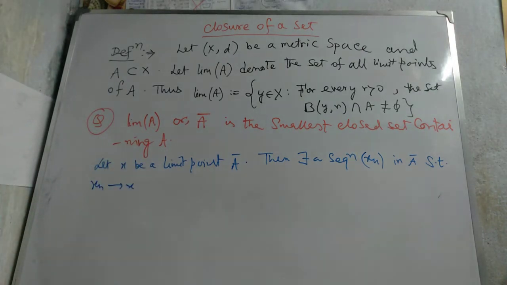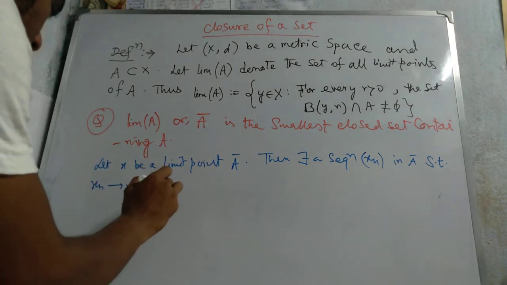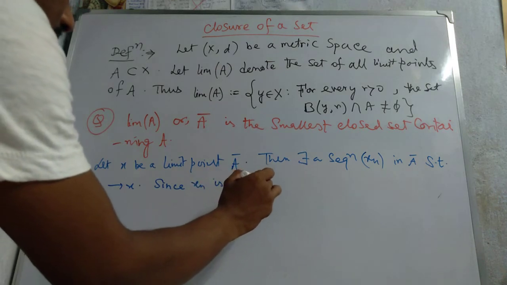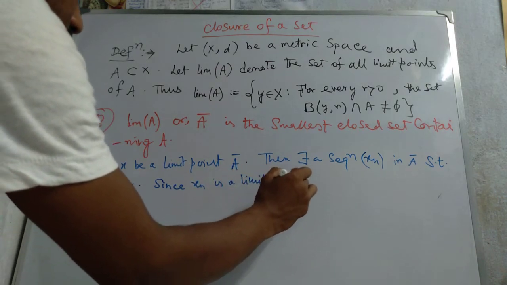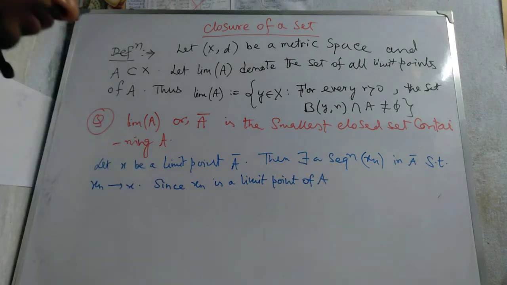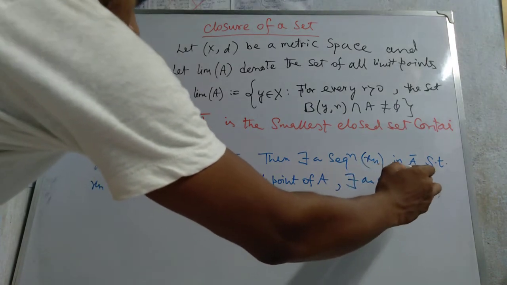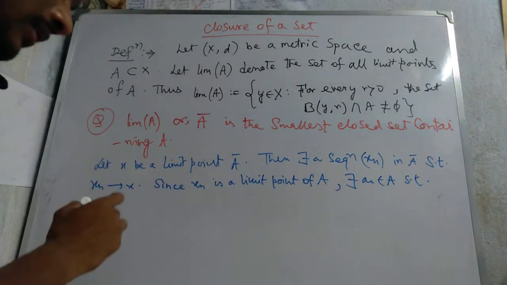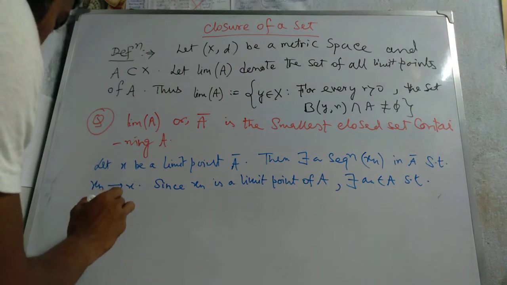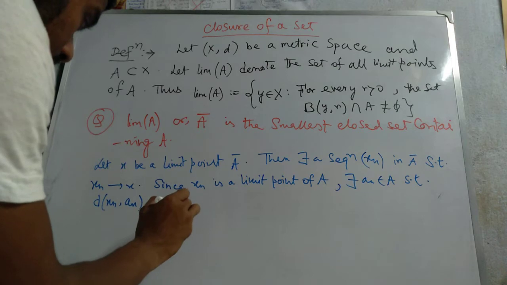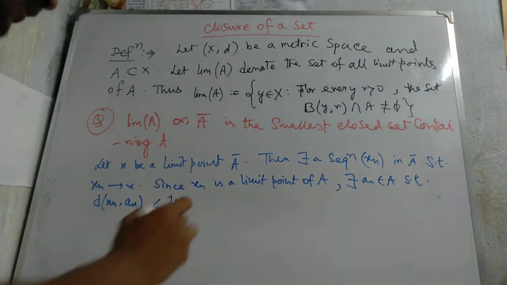Since xn is a limit point of A, there exists an belonging to A such that d(xn, an) is less than 1/n, for each n.